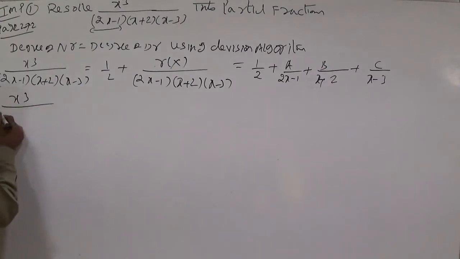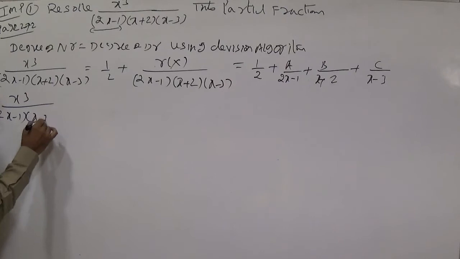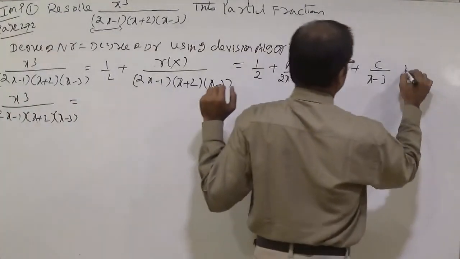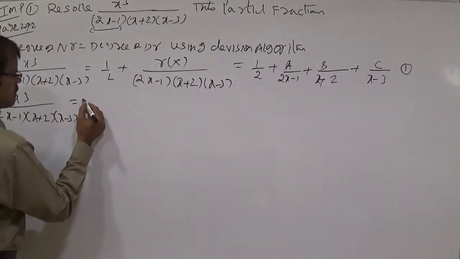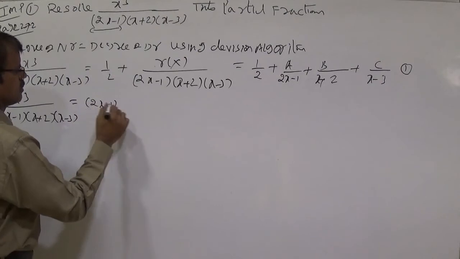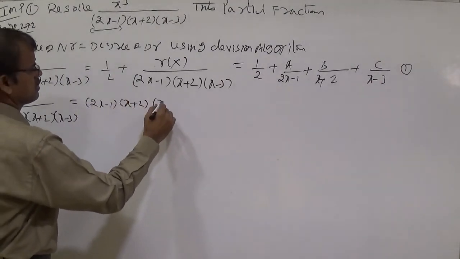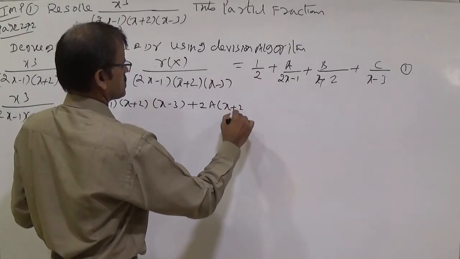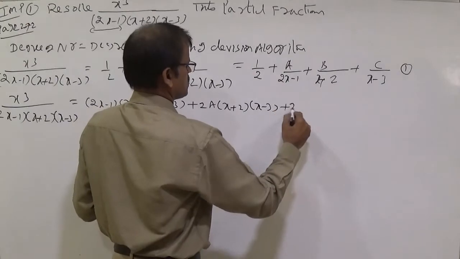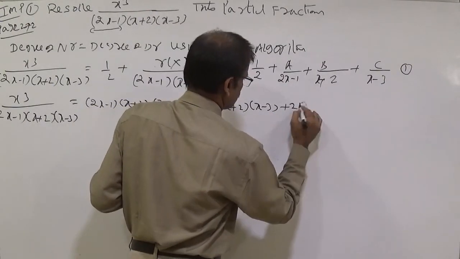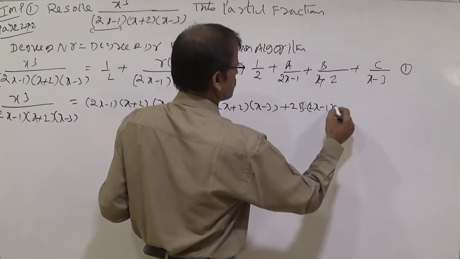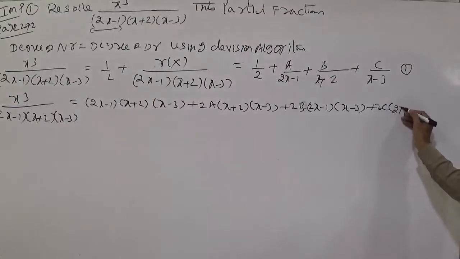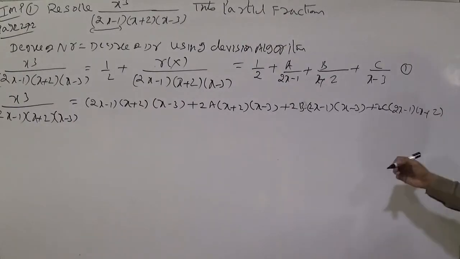Now you write here x cube by 2x minus 1 into x plus 2 into x minus 3 is equal to, for this first equation, students, you write here 2x minus 1 into 2x minus 1 into x plus 2 into x minus 3 plus here 2a into x plus 2 into x minus 3 plus here 2b into 2x minus 1 into x minus 3 plus here 2c into 2x minus 1 into x plus 2 whole by denominator.